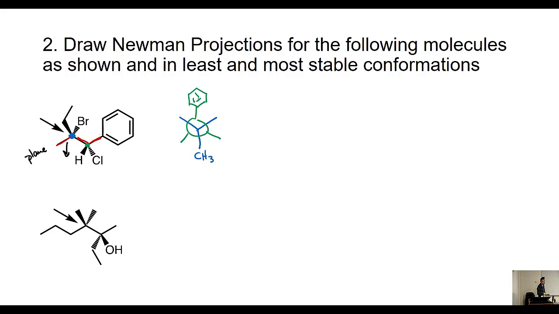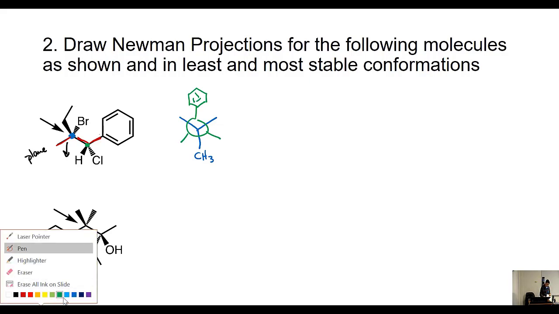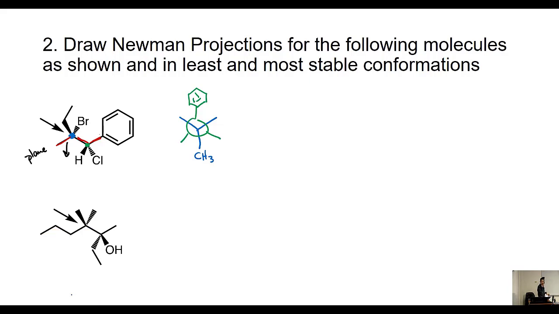Okay, so now let's talk about right and left. Again, I'm going to look at my carbon. Currently it's on the page, right? I'm going to pretend my page is facing me, and I'm looking at it this way, like the page says I should look at it.